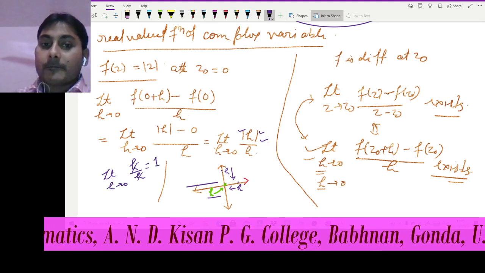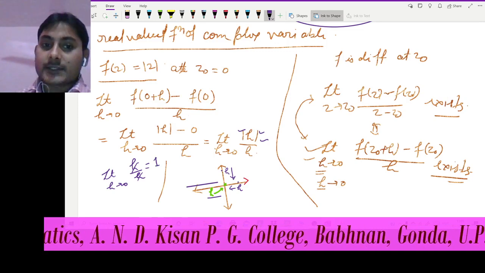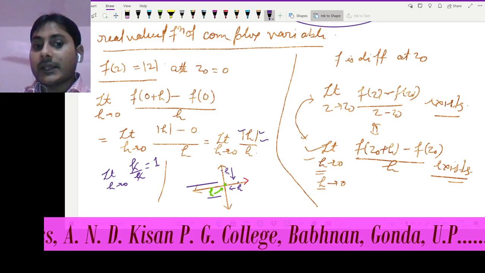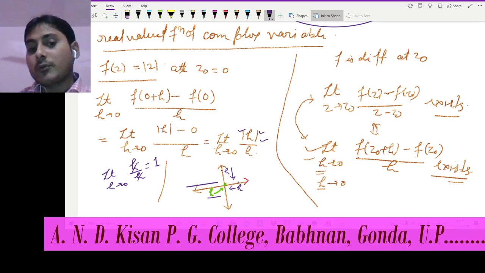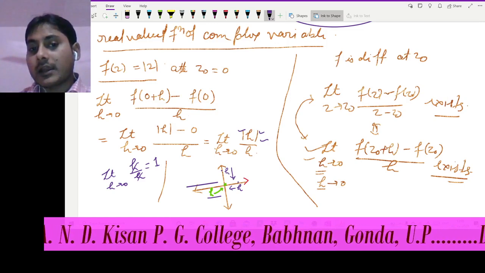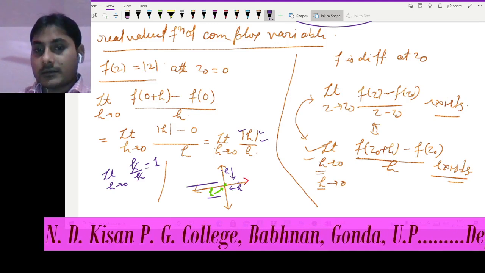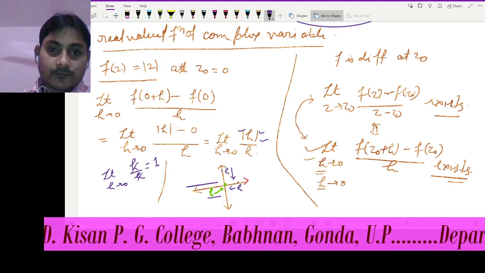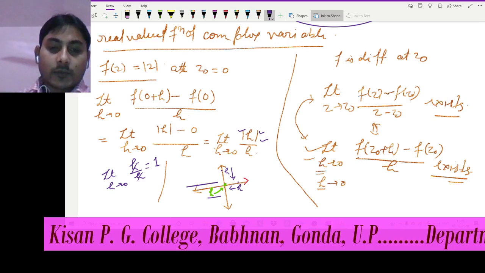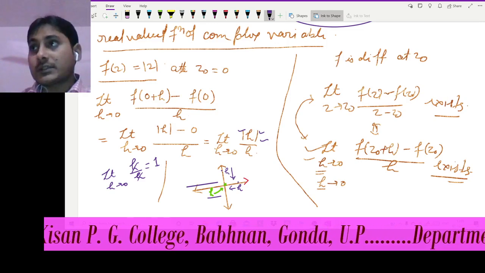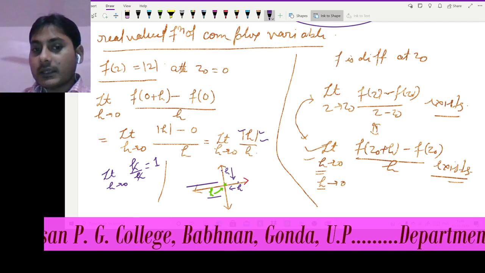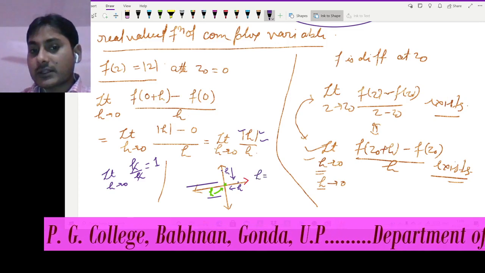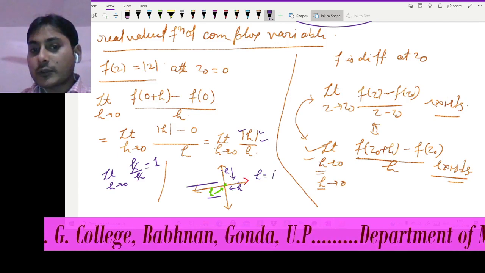But in the case when h is approaching from the positive y axis, in that case you will have some iota something. Suppose it is iota B type.